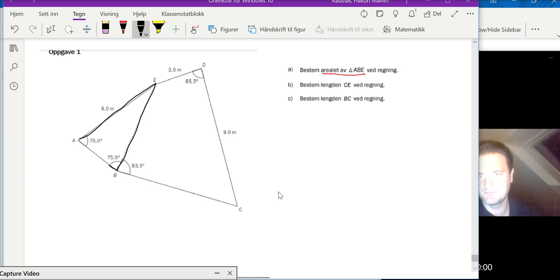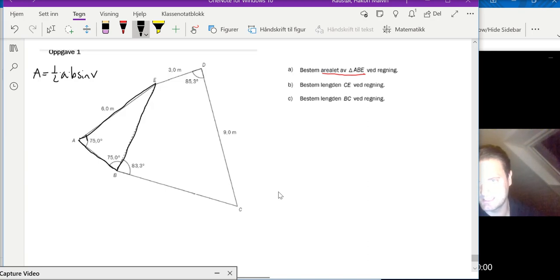The thing is, we can use this formula: the area is 1/2 times A times B times sine of the angle between the two sides A and B. So we need to know two sides and the angle between them. We only know one side, so we have to find another side here.